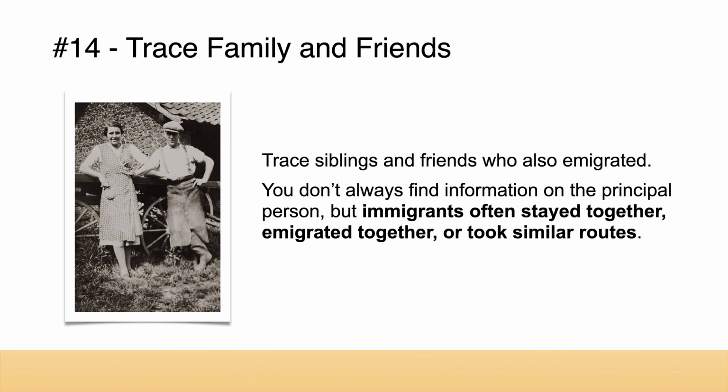Immigrants often hung out with other immigrants and settled in the same areas. So if you're able to find out information about where they are from, it's possible that you can locate your ancestor via them. I have found countless hometowns based on tracing siblings and friends who also emigrated. So I know this technique works really well. If your ancestor knew them, you want to know them.